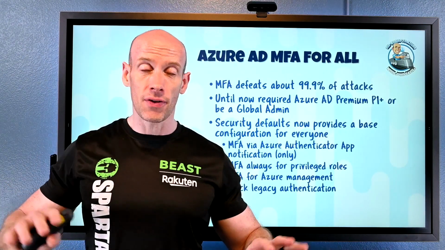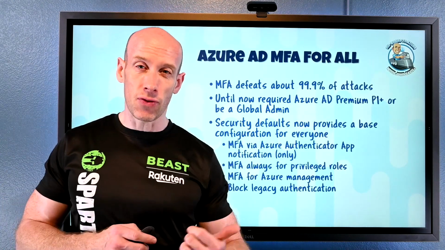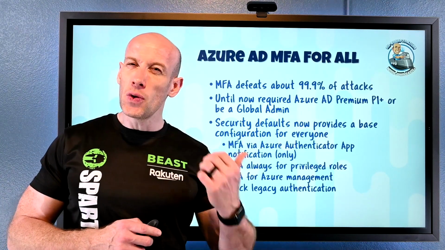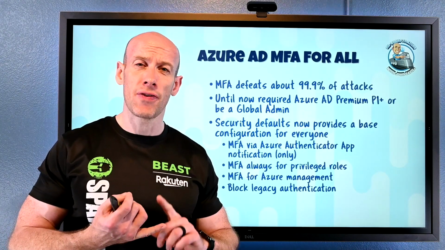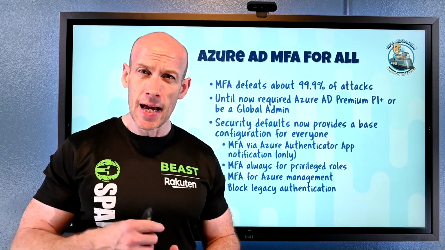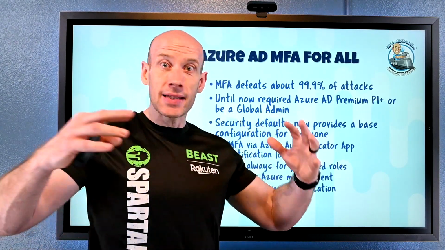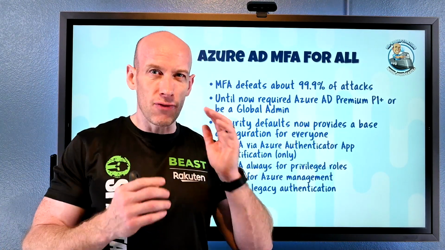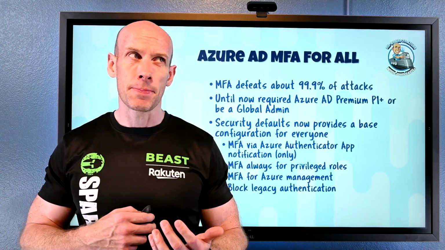But if I don't have premium, I can actually go and turn on these security defaults. This is going to do a few things. It's now going to make my users register for MFA within 14 days. Now that 14 days is per user, so from their next interactive logon, that 14-day timer starts. They have to go and configure MFA.